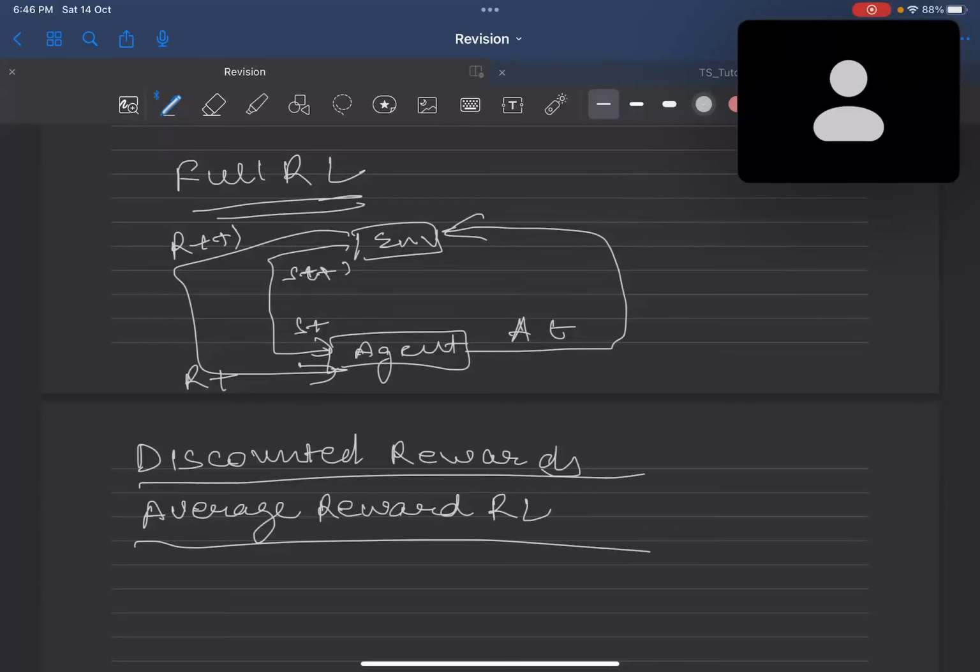Oh, okay. So in the problems, is the immediate reward represented as part of the current state or the next state? Sometimes in some problems we take the immediate reward from the state, not from the current state.